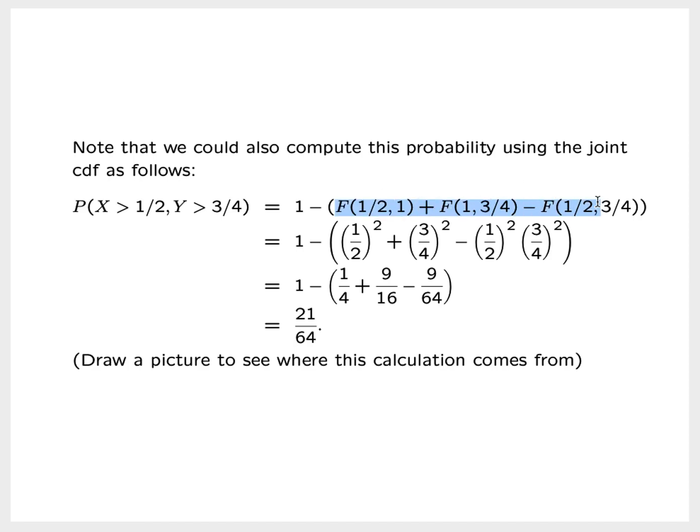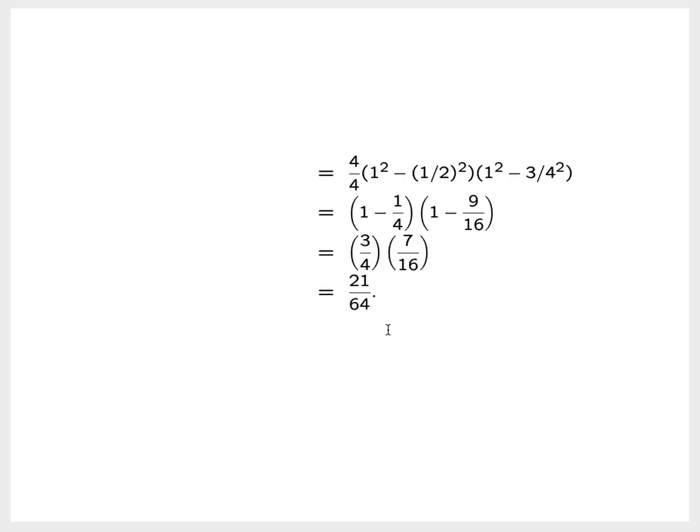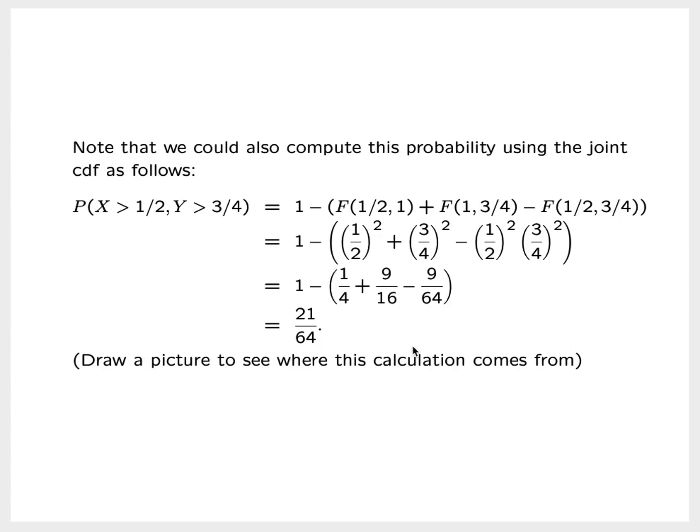So we're subtracting this value from 1. When we evaluate the CDF at these various points, this is what we get. And it turns out that using this approach, again, the probability is 21/64, which is exactly what we got by integrating the joint PDF over the region of interest.